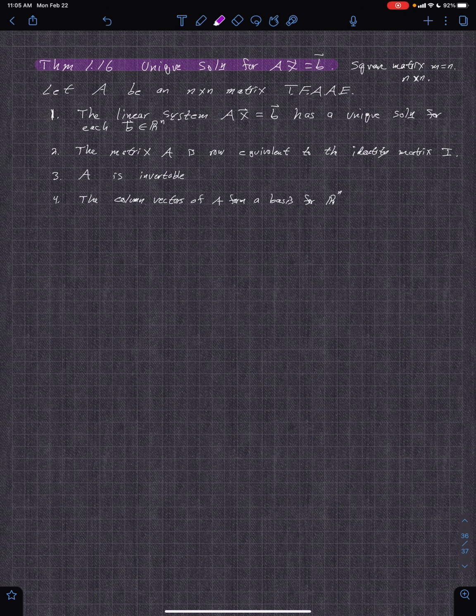Let's do this example. Determine if these vectors form a basis for R3. And you'll never guess what you're going to do.